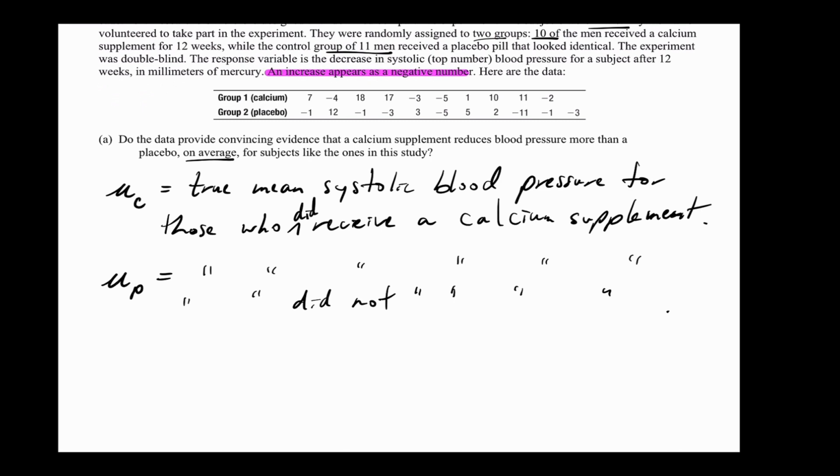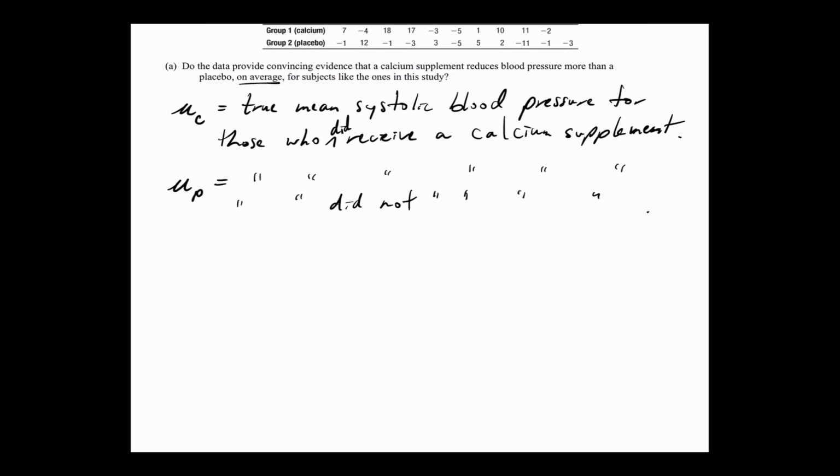Okay. All right. Hypotheses. The null: they're the same. There is no difference in those who take the calcium versus those who don't. Their blood pressure is the same or not significantly different.